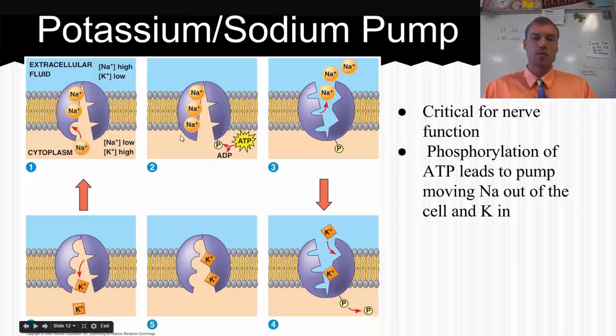The phosphate then, once it is bound with the protein, causes a conformational change, or a structural change, that then releases the sodium outside the cell. When it does that, the protein has changed shape so that now the potassium that is outside the cell can bind. The phosphate group then gets kicked off. The potassium is then released back inside the cell, and the cycle can continue.